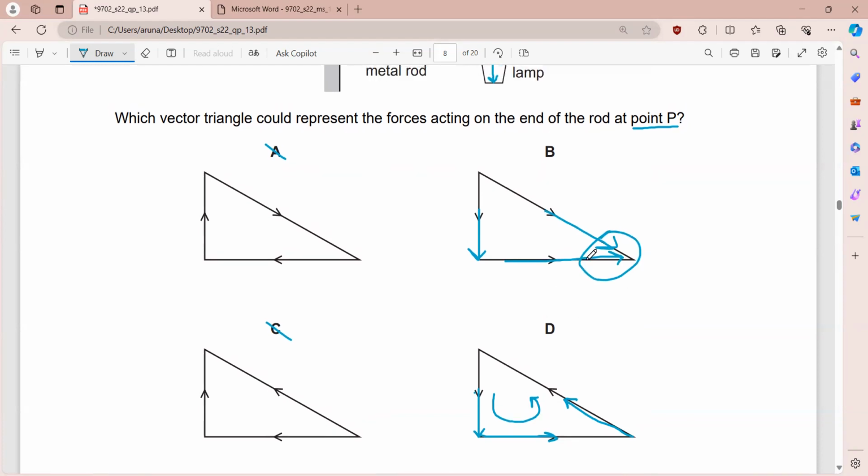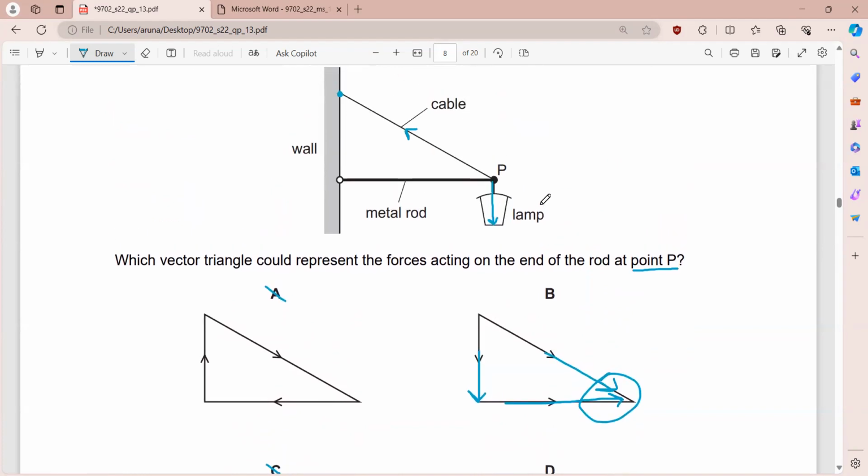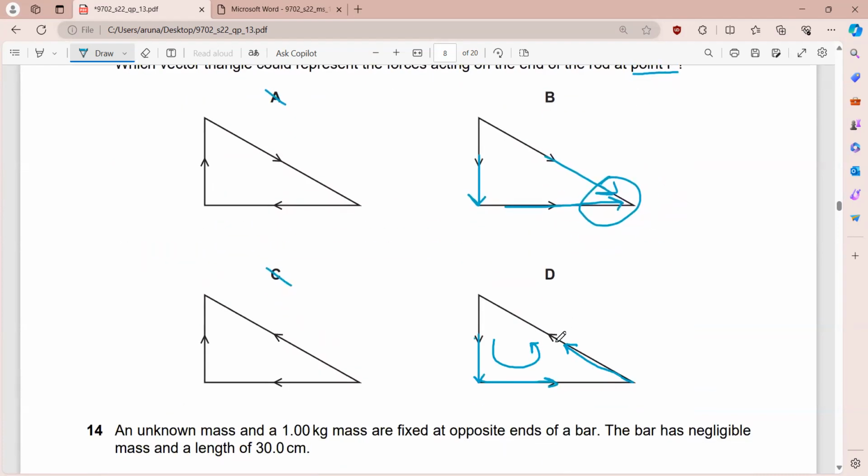This is one way to do it, or another way is you know that the direction of the cable is upwards. It's not downwards like this, it's going upwards, right? So since it's going upwards, this is the only option that you have. This one is going downwards.